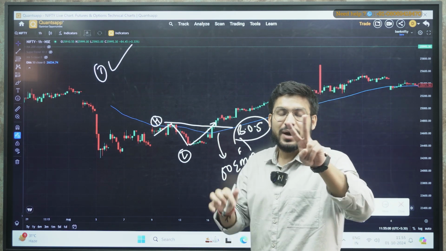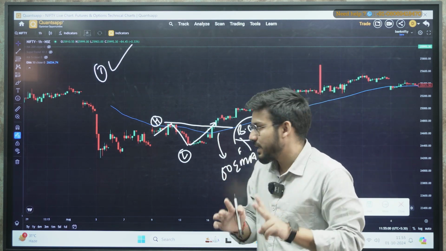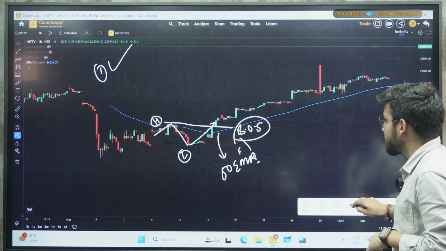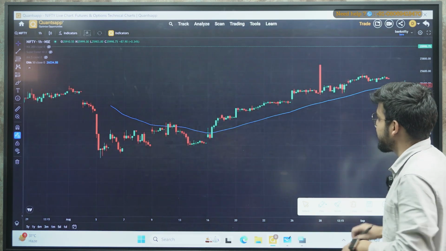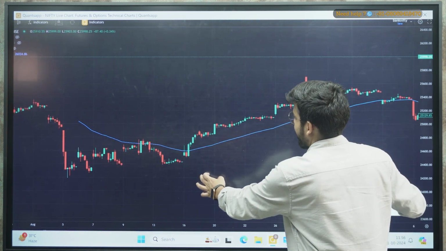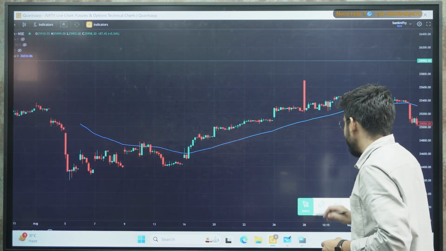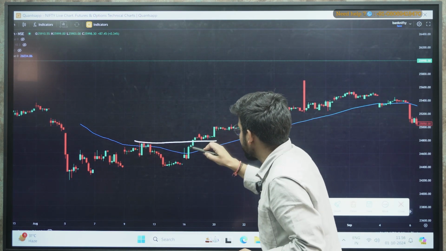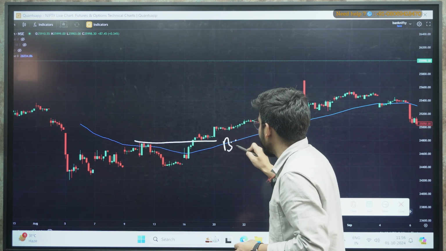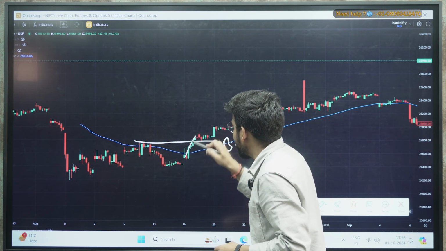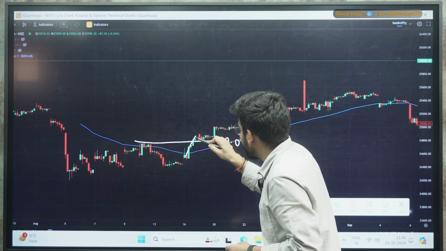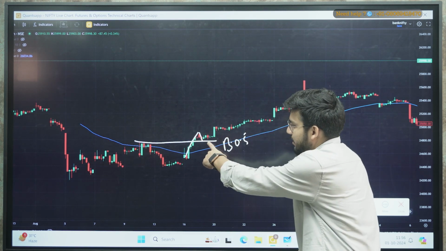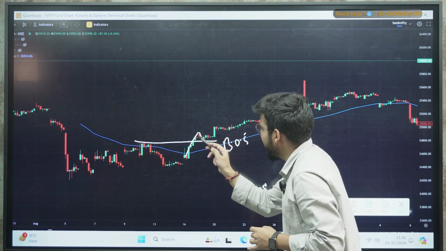Now the second step, I have to wait for the pullback. Okay, so let's see where it has given me a pullback. Let's clean this and see where there is a pullback. At this point when it broke out, this was my break of structure. After that my market went upward and then there is a pullback, you can see two red candles.